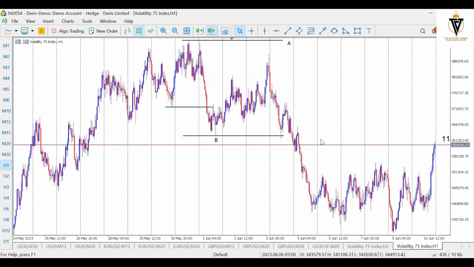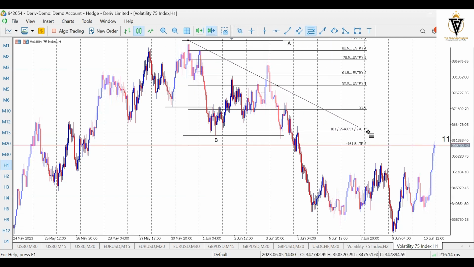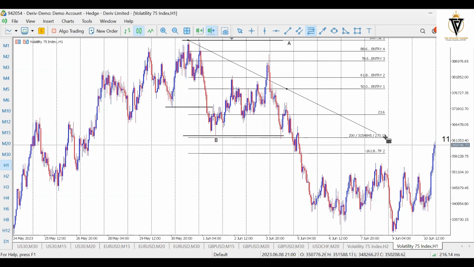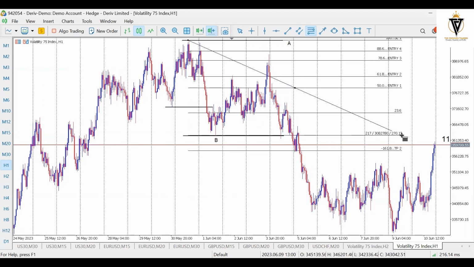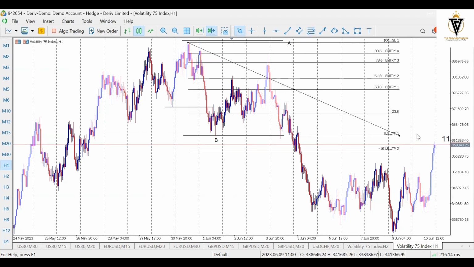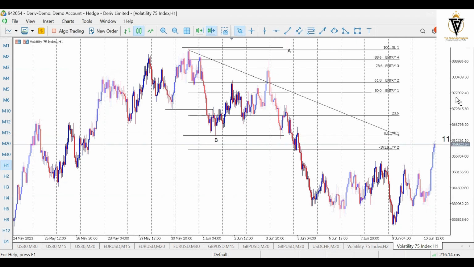It's a Fibonacci level that will give us point C. So we'll pick up Fibonacci. This is a bearish scenario. We'll just drag from 100 to 0. That's it.